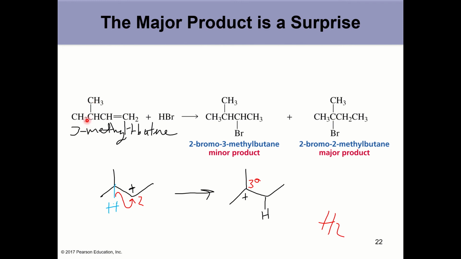If we start, for example, with this 3-methylbutene, and we react with HBr, we can have hydrogen adding to carbon 1 or carbon 2, right? Actually, that's not what happens. We don't form the product where hydrogen adds to either carbon 1 or carbon 2.